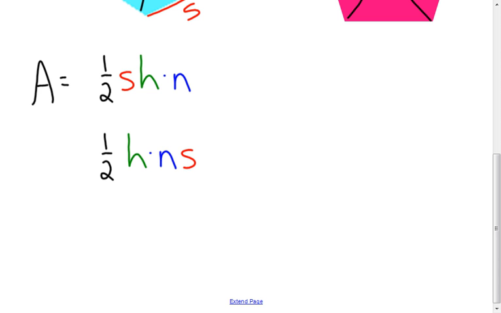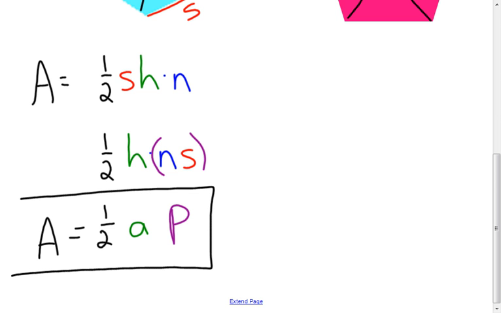If I take the number of sides and multiply it by the length of each side, that's really the perimeter. So now I have 1/2 times h, which we're going to find out on the next slide, and I'm going to turn that into a lowercase a. A equals area. And right here is the formula that we're going to use to find the area of a regular polygon. So keep that in mind.